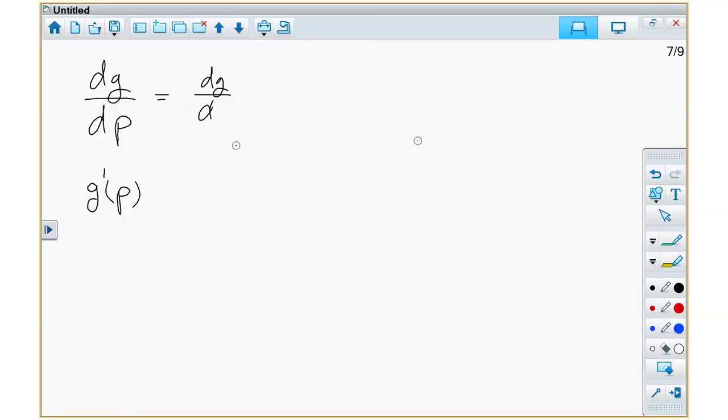So that means... is that what that means? I have to look. That means you took G prime. Well, yeah, you plugged in. Oh, there it is.